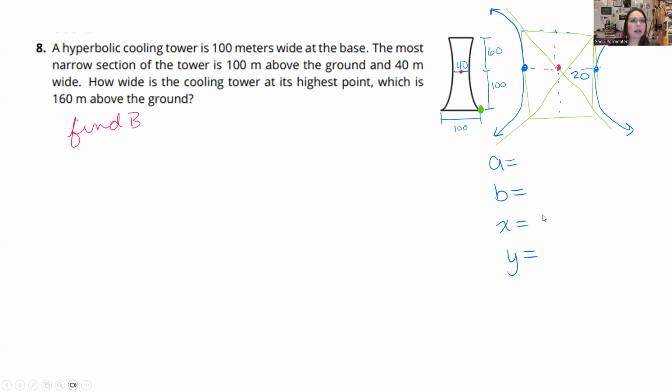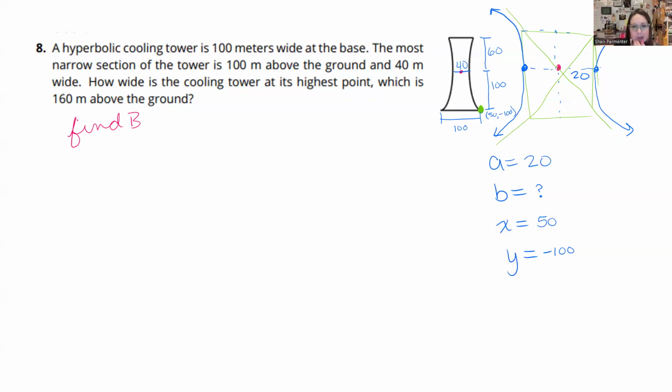I don't know what B is. I know that this coordinate right there is 50, negative 100. I don't know B, and my A value is 20. So I'm going to use my equation of a hyperbola to figure out my B value. I'm going to plug all of this stuff in. This is a hyperbola that opens left and right, so it's a horizontal hyperbola with x squared listed first.